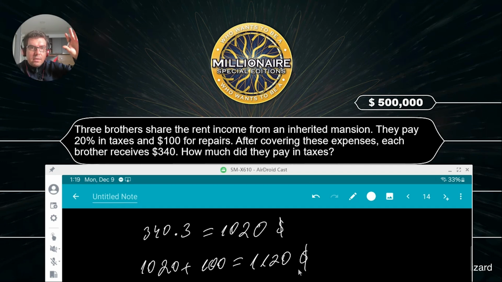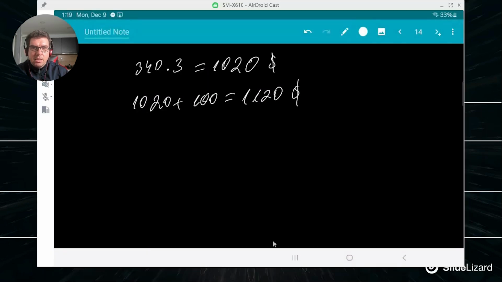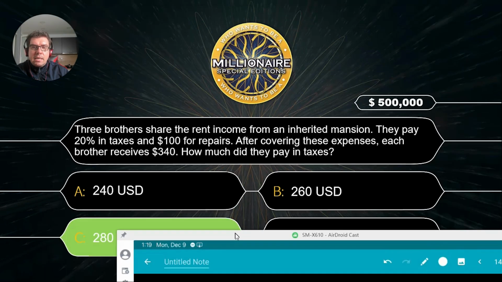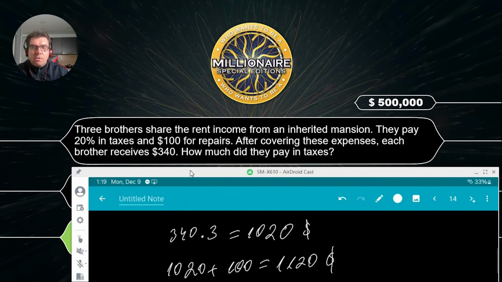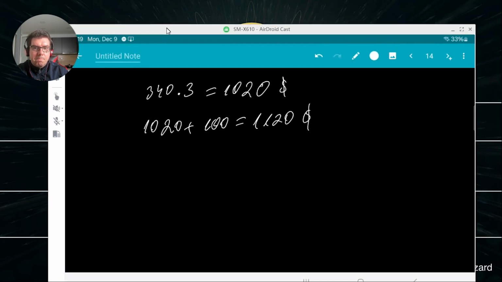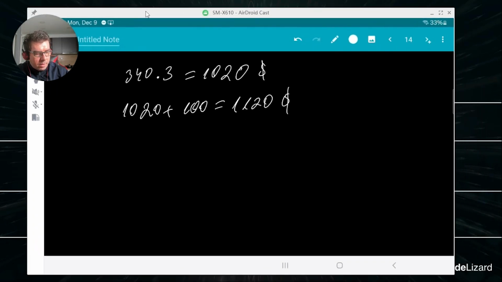So they get the rent income, which is 100%, they pay 20% in taxes, and what is left, which is repairs money plus the brothers' income, represents 80% of the rent. Okay, so 80% of x, the rent, is 1120.